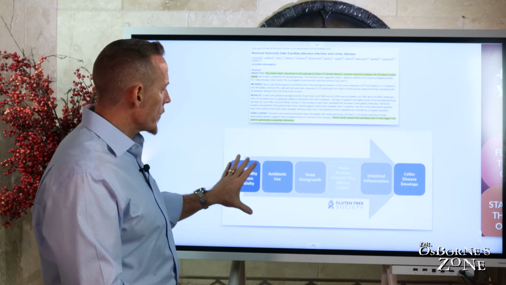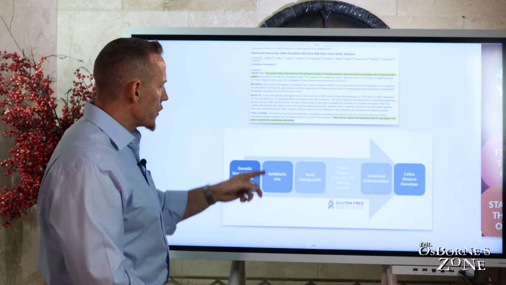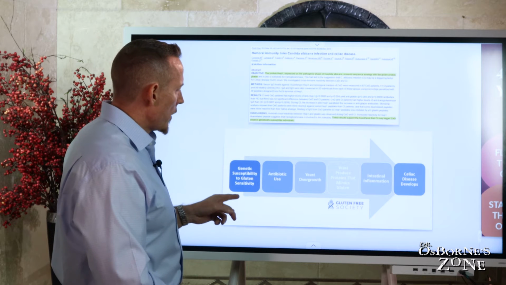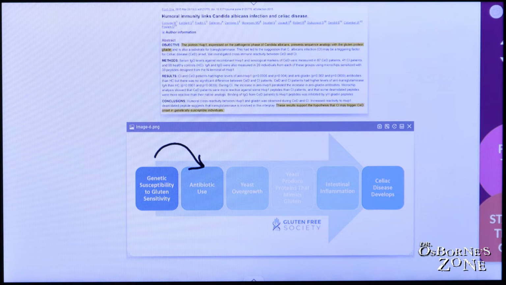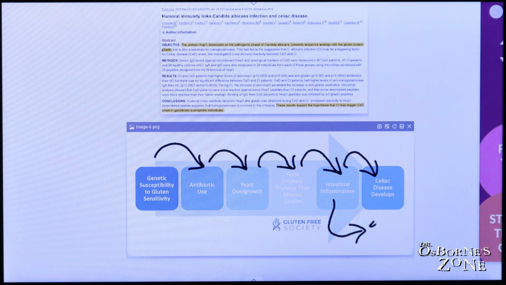If you look at this diagram down here, if you've got a genetic susceptibility to gluten and you go on antibiotics, those antibiotics create a yeast overgrowth. Then that yeast produces hyphal wall proteins that mimic gluten, and that gluten then damages your small intestinal lining, and then you can develop celiac disease. But you could also develop other problems from a non-celiac gluten sensitivity perspective.